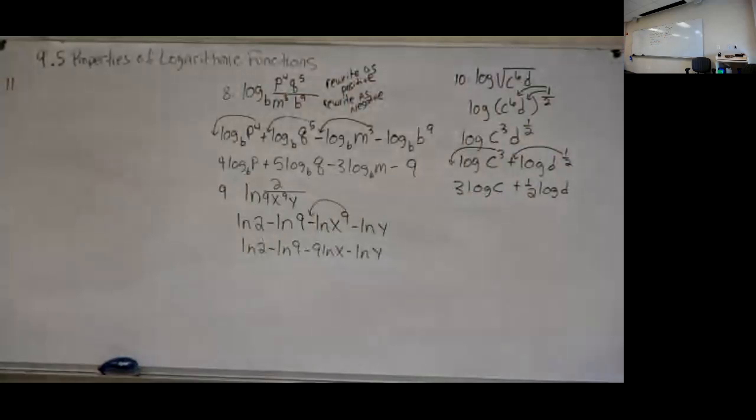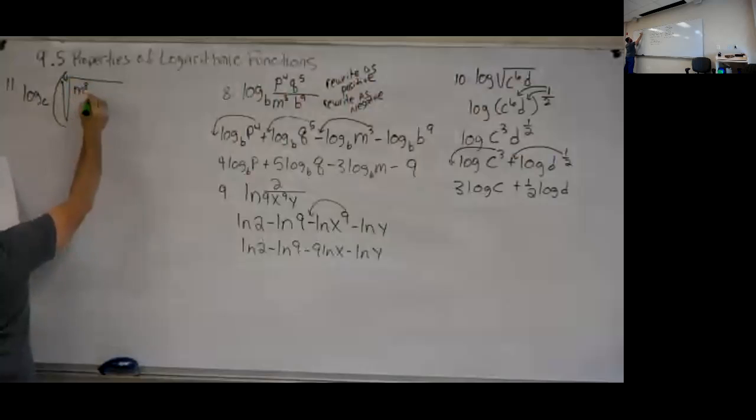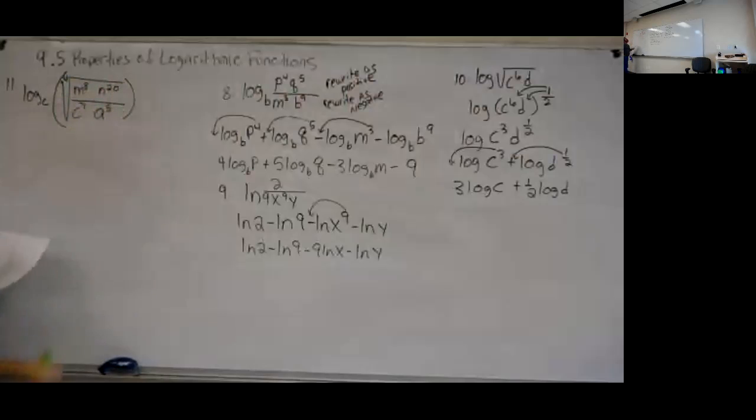All right, here comes the big one, y'all. Log base C, and then they have big parentheses, and then here's a big radical with a 4 here. I've got M^8 N^20 all over C^7 A^5.